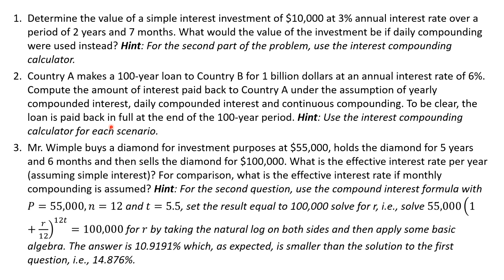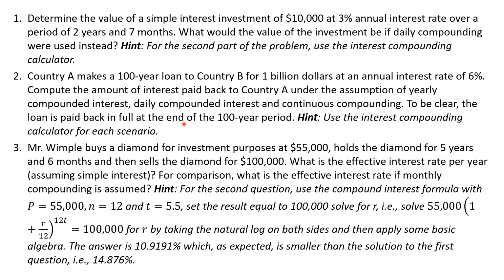The second one isn't much harder, it's just that the numbers are bigger. Country A is doing a favor to country B. It loans country B $1 billion over 100 years at an annual interest rate of 6%. Compute the amount of interest paid back to country A under the assumption of yearly compound interest, so just compounding the 6% once a year, then daily compounded interest every day over the 100 years, and then continuous compounding.